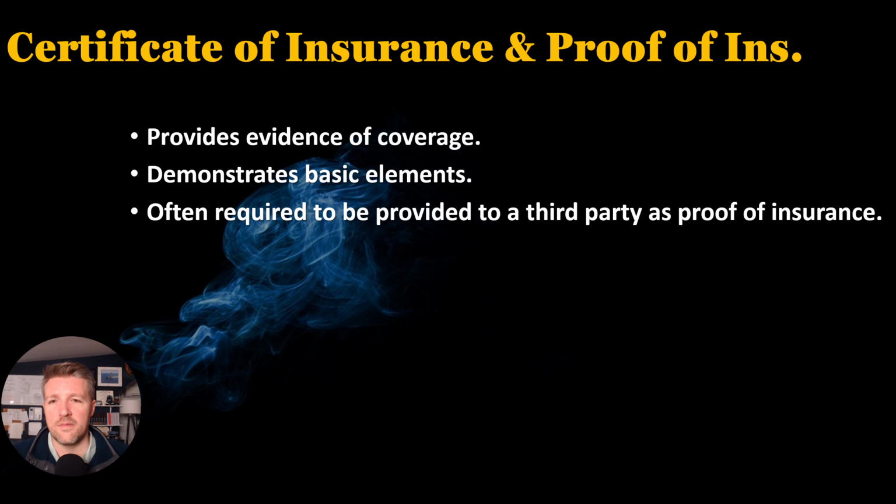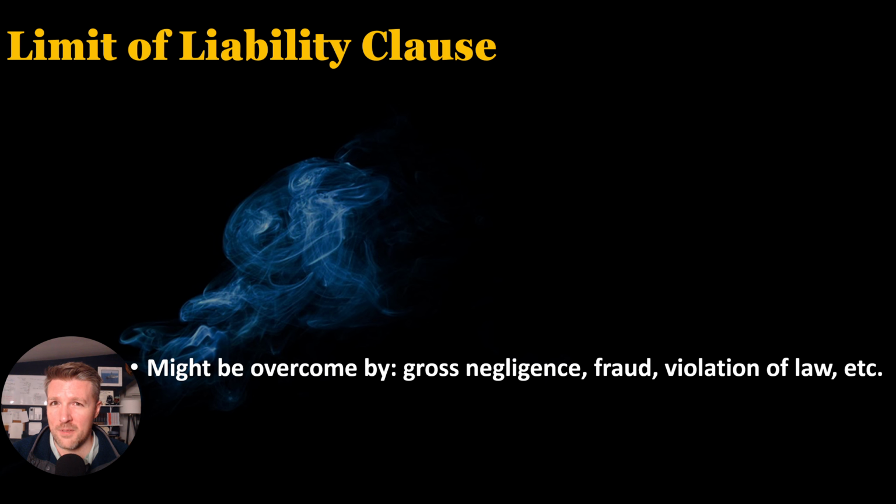But once again, it is a basic snapshot. It doesn't really get into, hey, only half this policy is left because they already have a claim. It's, hey, this is the snapshot of what they bought. All right. So don't get too wrapped around the axle as far as certificate of insurance goes.